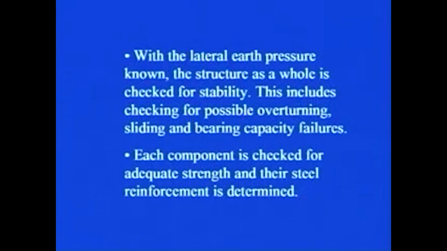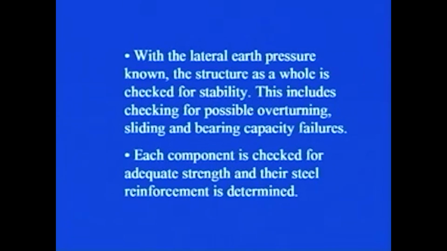So, there are basically two phases in the design of any conventional retaining walls. What are they? First of all, you have to proportion the structure. Beforehand you do not have any idea what should be the stem thickness, what should be the width of the base slab, what should be the stem thickness at the connection where the stem is getting connected to the base slab.